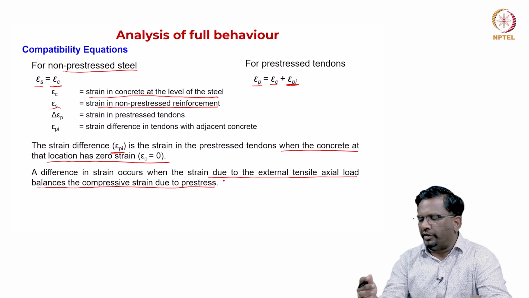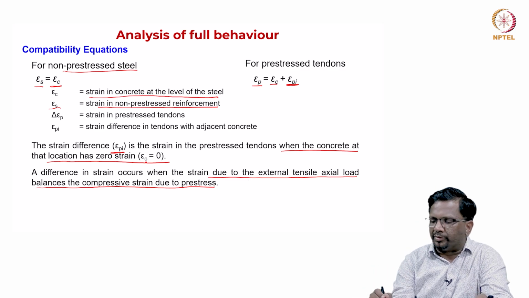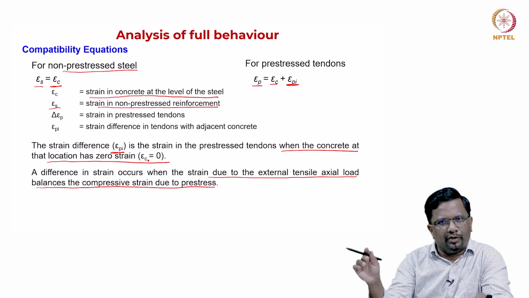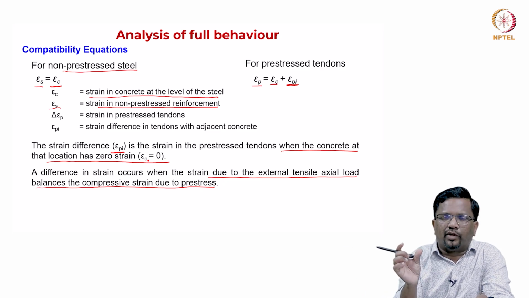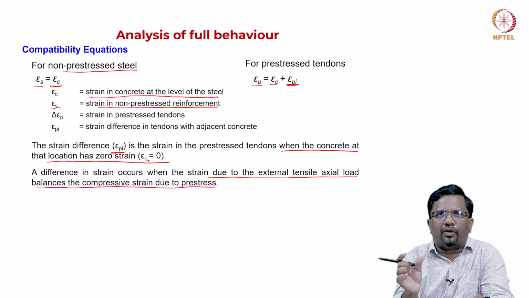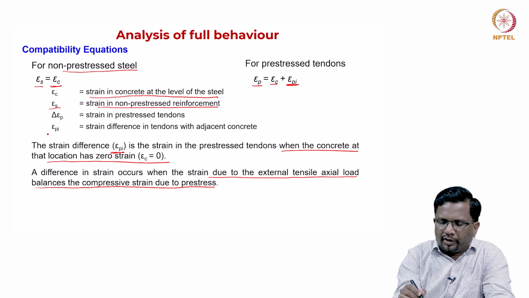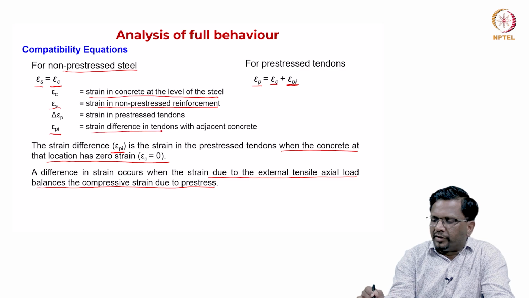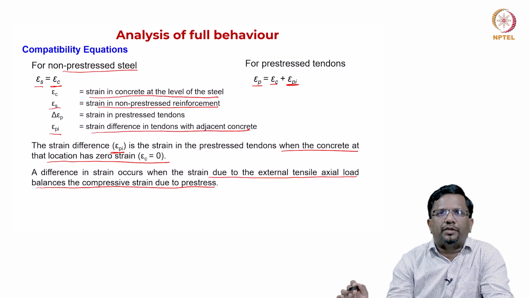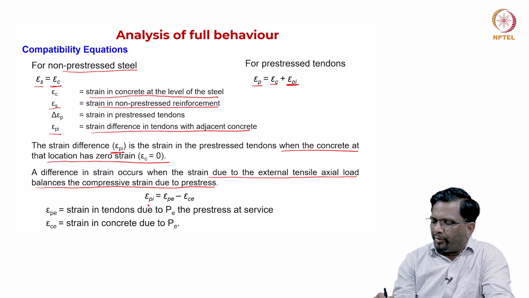So, when I apply some load due to tension, that initial compressive strain epsilon c will become 0. Whatever the difference at that instant is, we call that delta epsilon p, the strain difference in the tendons with the adjacent concrete. Now, you can see epsilon pi can be related as epsilon p minus epsilon c.